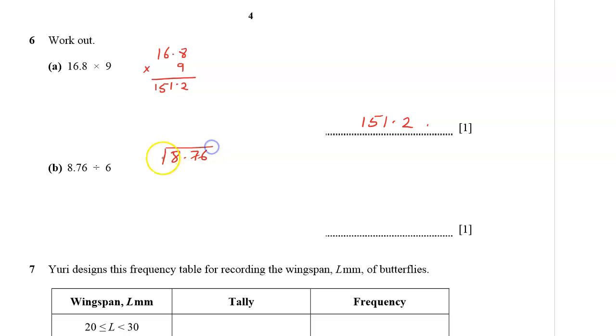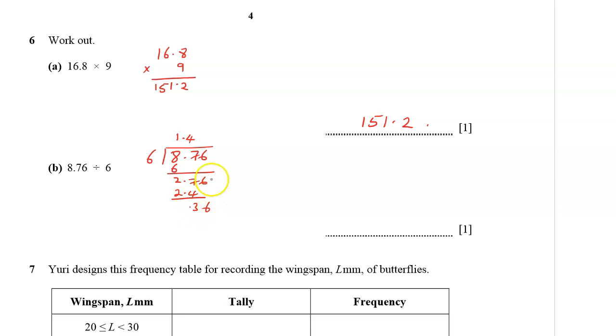So goes 1 there for 6. You get 2.76. Of course, place a decimal point there. For 4, you get 2.4. This will be 6, and then this will be 3.